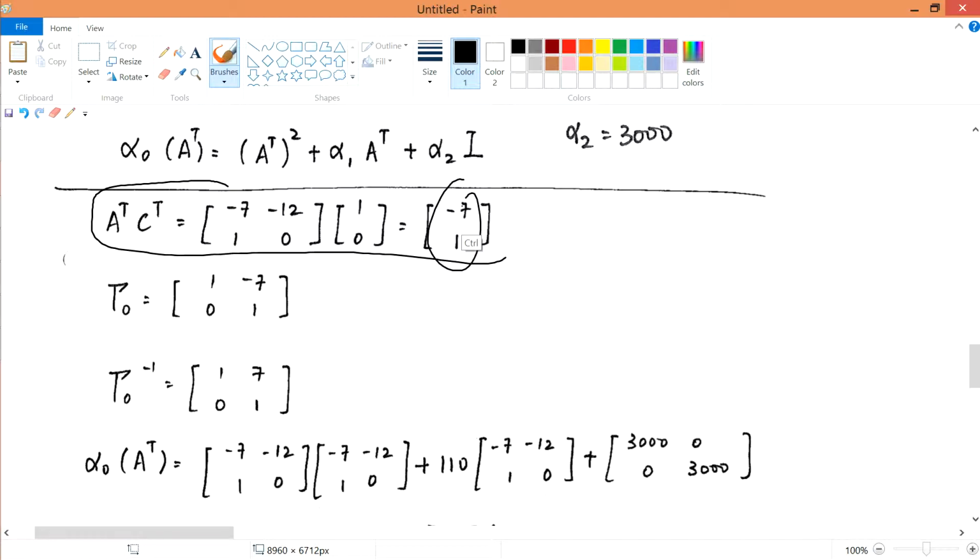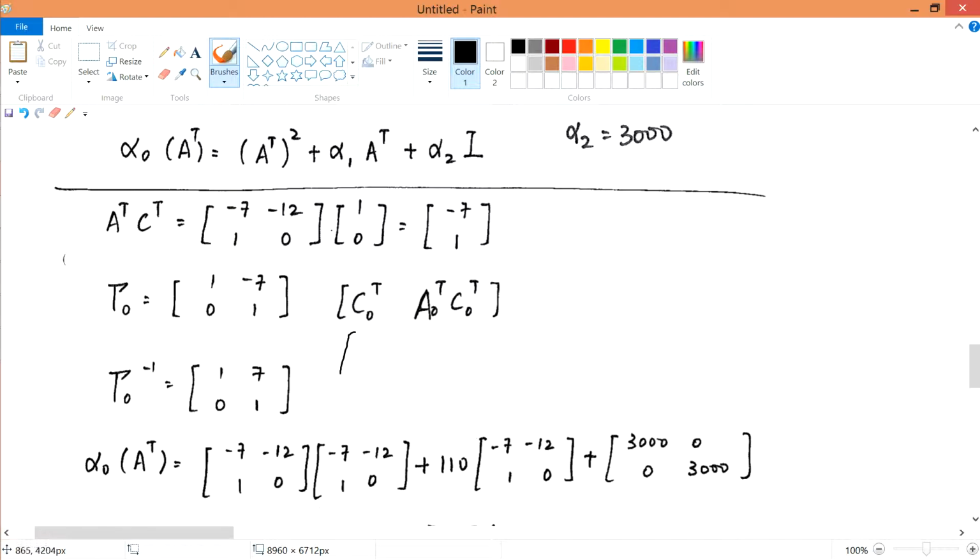I mean minus 1, minus 7 and 1. Your rank O here is your C^T and your A^T C^T. Because we know that my C_O^T is now 1, 0, and this one is minus 7, 1. So I'll put it all in the matrix like this.